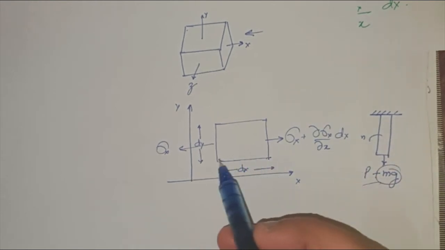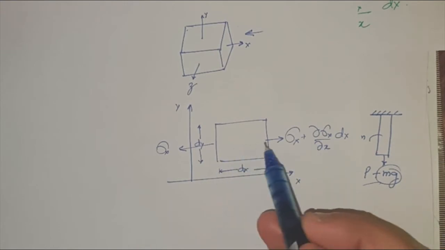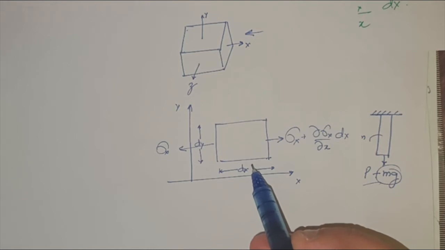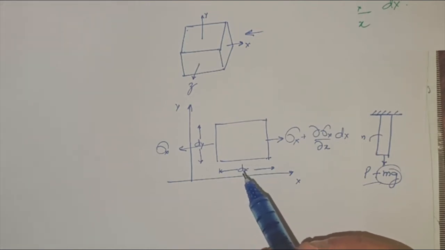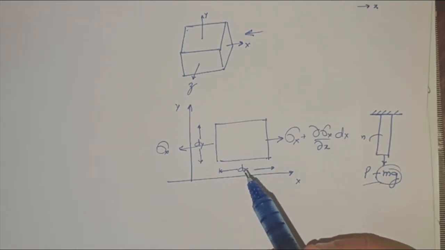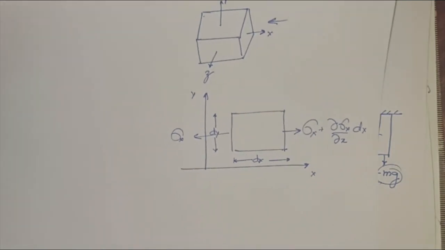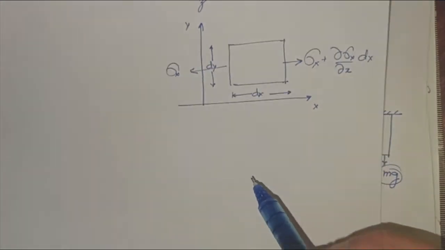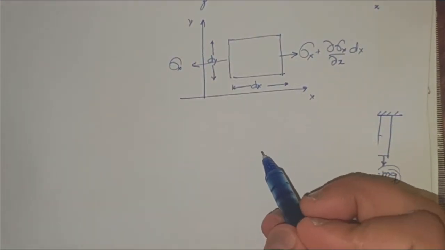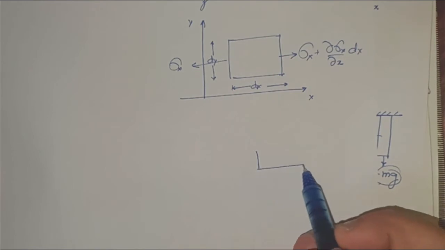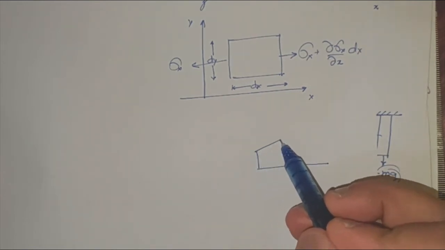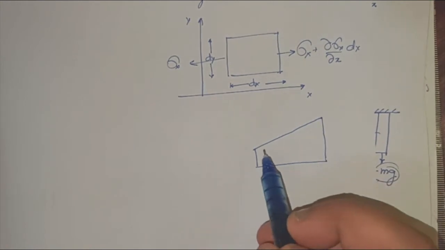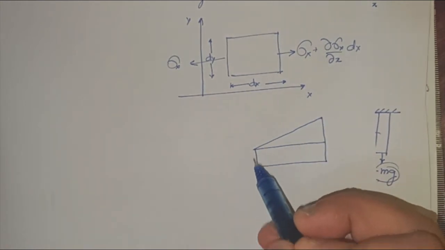So this is the variation of the stress over this element per unit distance. The variation may be kind of anything here. Let's say the variation is like this.